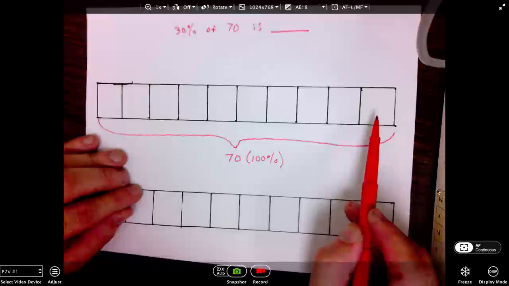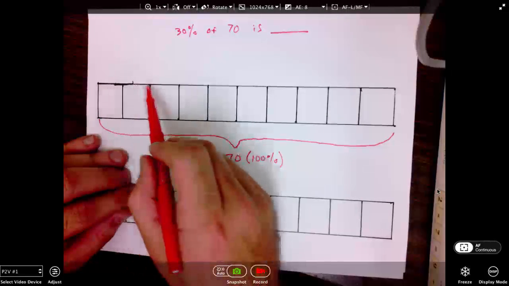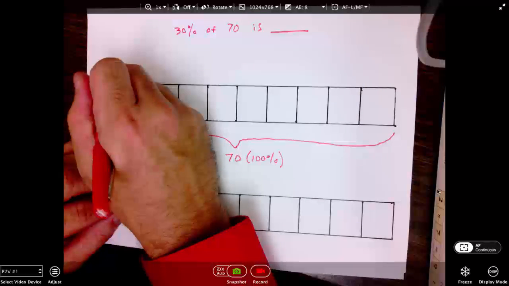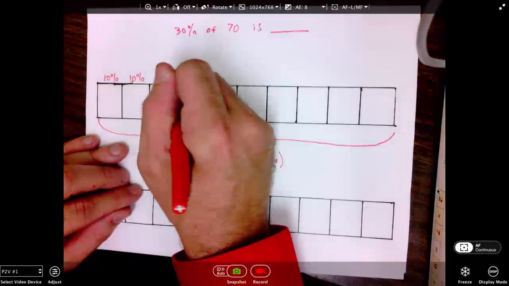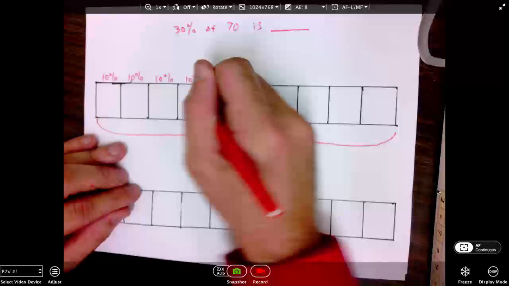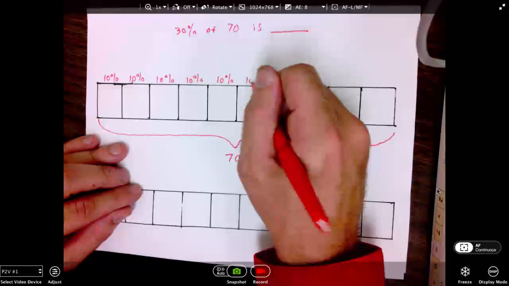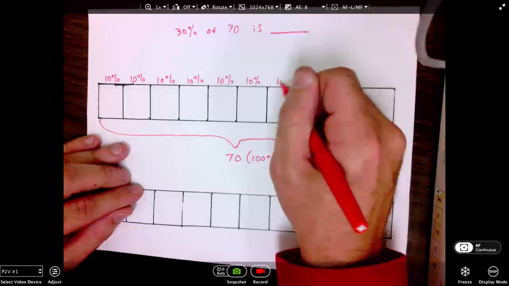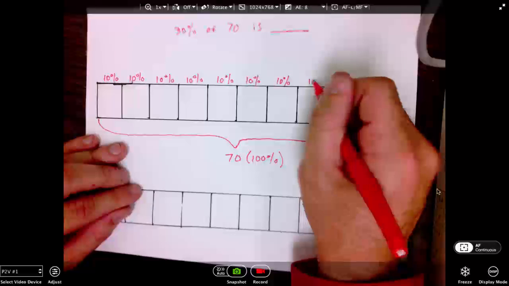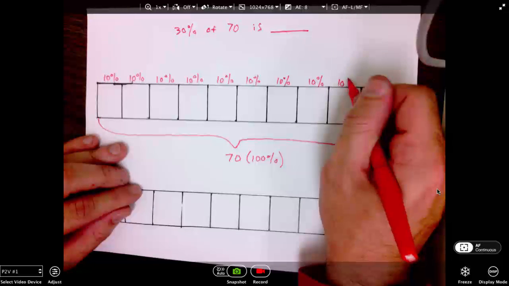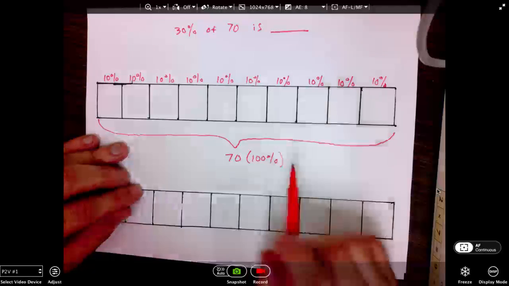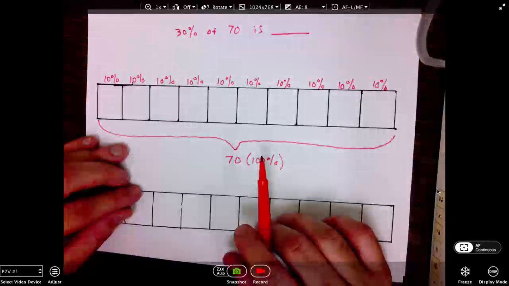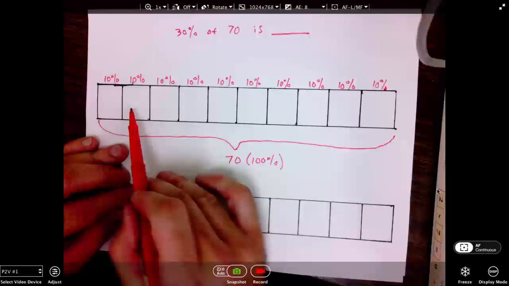Well, if the entire thing is 100%, and there are 10 of them, then each one of our small sections is 10% each, and I'll write that above. 10%, 10%. So our task is going to be to calculate what will go in one of these squares.